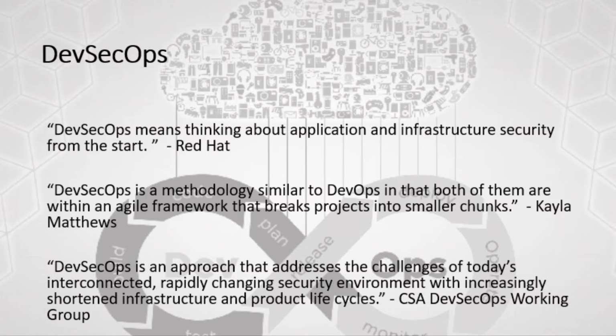According to Kyla Matthews, DevSecOps is a methodology similar to DevOps in that both of them are within an agile framework that breaks projects into smaller chunks. According to the CSA DevSecOps Working Group, DevSecOps is an approach that addresses the challenges of today's interconnected, rapidly changing security environment with increasingly shortened infrastructure and product life cycles.